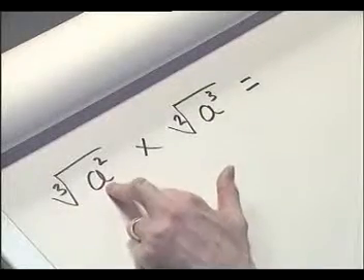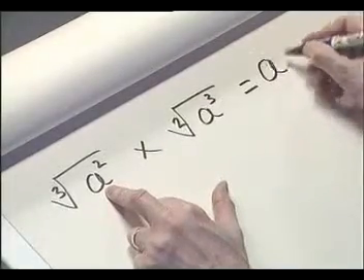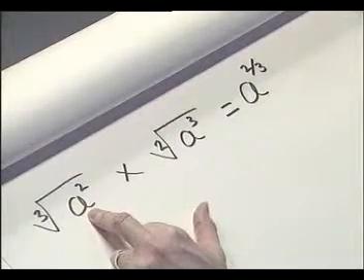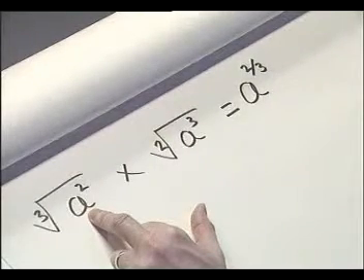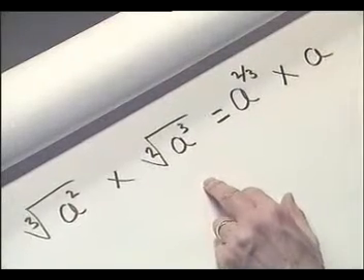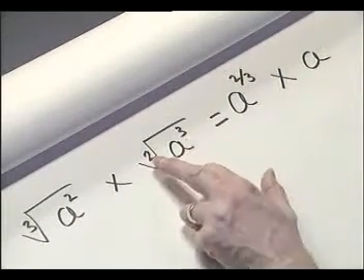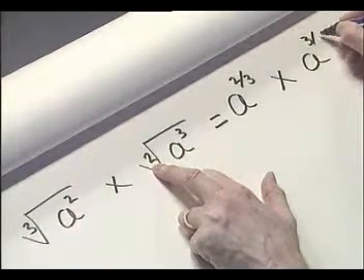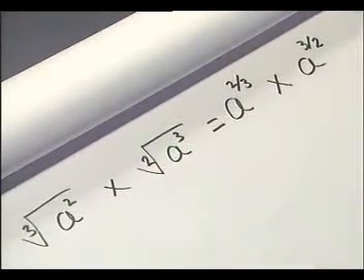First of all, let's write these as indices. This is the cube root of a squared, so that means a squared and take the cube root. In other words, a to the 2/3, times a cubed, take the square root.